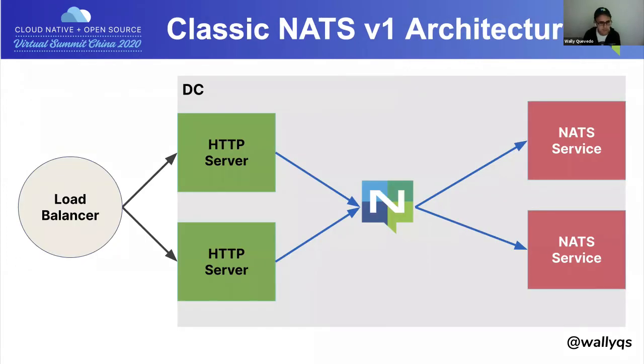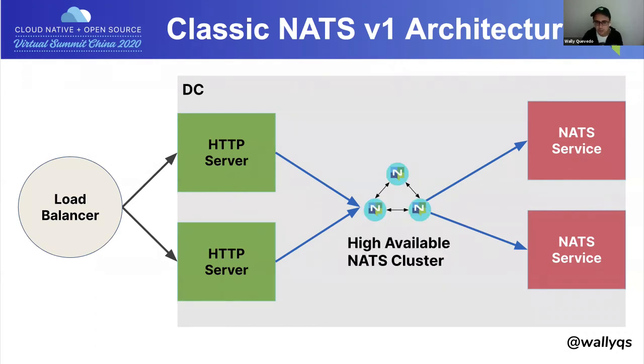So the classic NATS architecture in v1 was to have, for example, a load balancer that is exposing a number of HTTP endpoints, and then behind that, use NATS for the internal communication using NATS services. And of course, that could be a highly available NATS cluster, where if one of those goes away, clients will reconnect and continue to talk to each other by using failover to another NATS server.